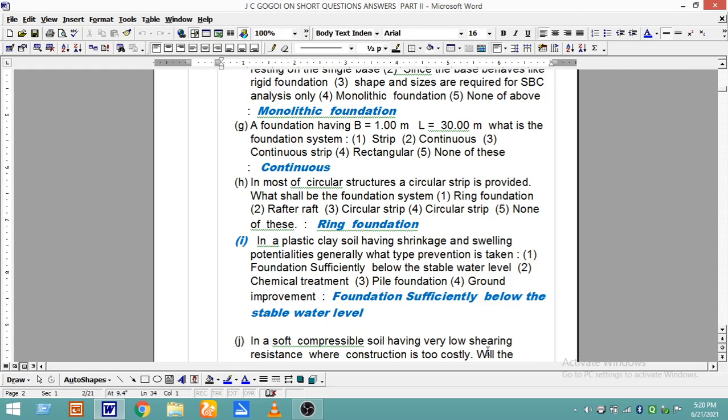In such cases, the foundation should be provided sufficiently below, say more than 1.5 meter to any depth.